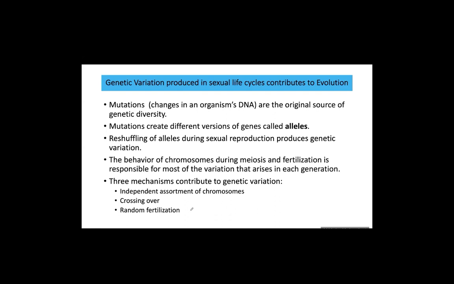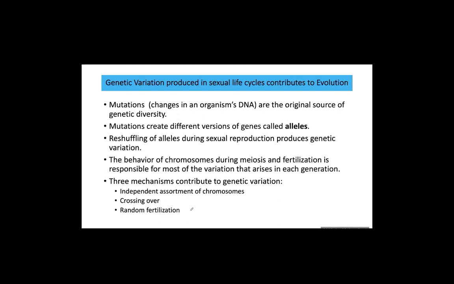Mutations create different versions of a gene called alleles. Allele, I introduced a little bit before. For example, this is a simile: maybe you have the gene for a red hat, but your brother has the gene for a blue hat. We call that alleles. Both have a gene for hat, but your hat is red in color.